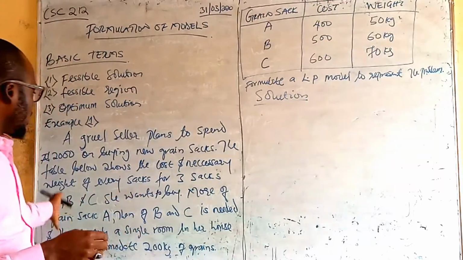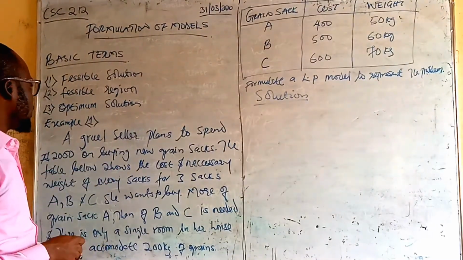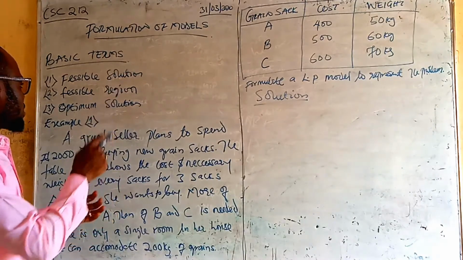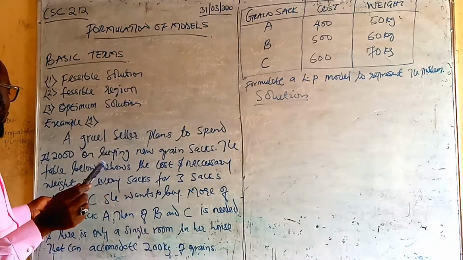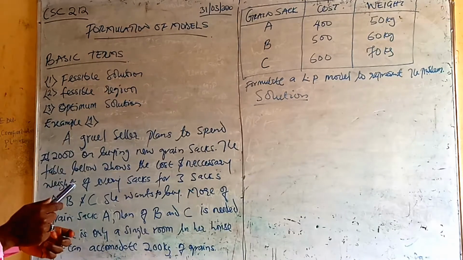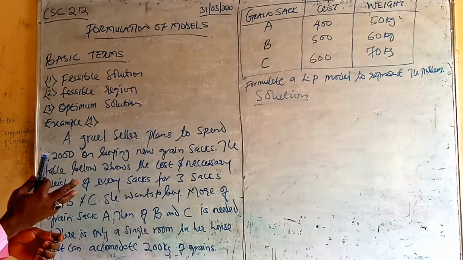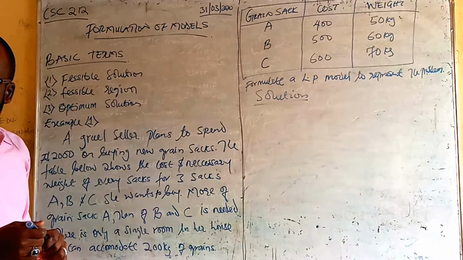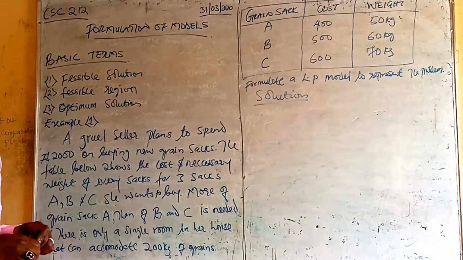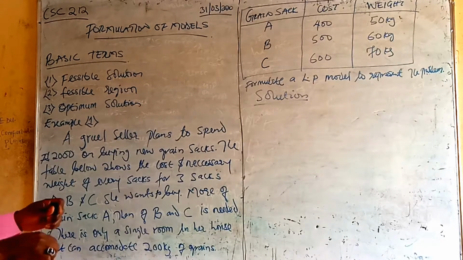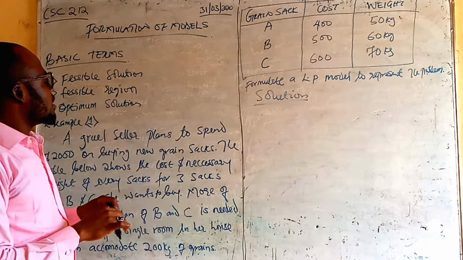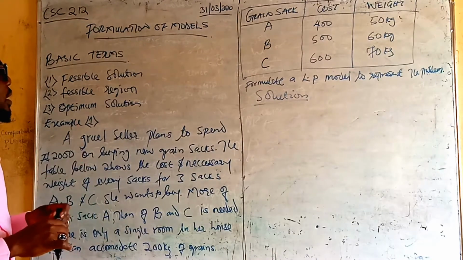So how could we identify the constraints in this problem? We have the grain sacks, then the cost of each one, and then the weight. We are going to let X be the grain sacks of A, and let Y be the grain sacks of B, likewise C.